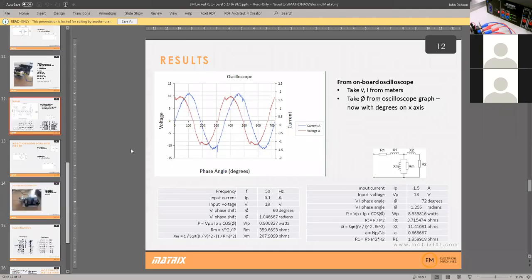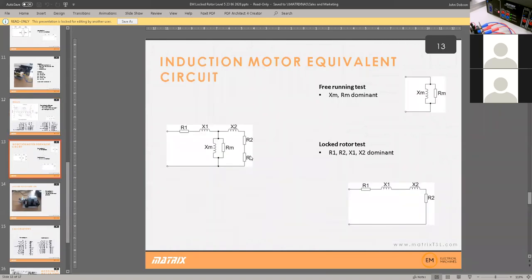So that's how you model a transformer. When we go on to look at the induction motor, it's really exactly the same as the transformer, apart from an additional resistance in the circuit, which is linked to the slip of the induction motor.